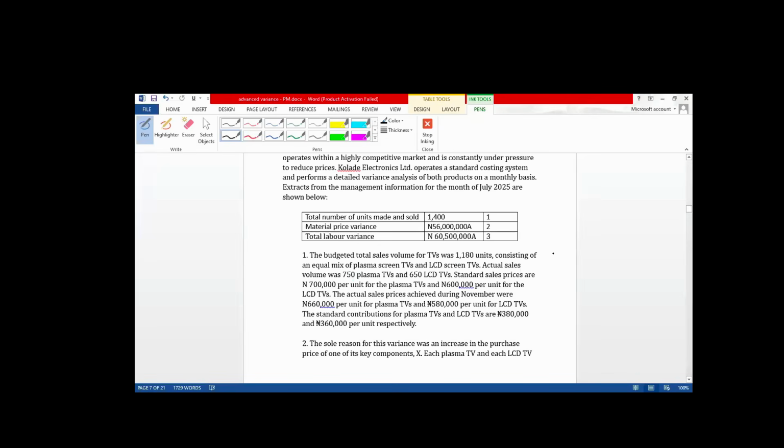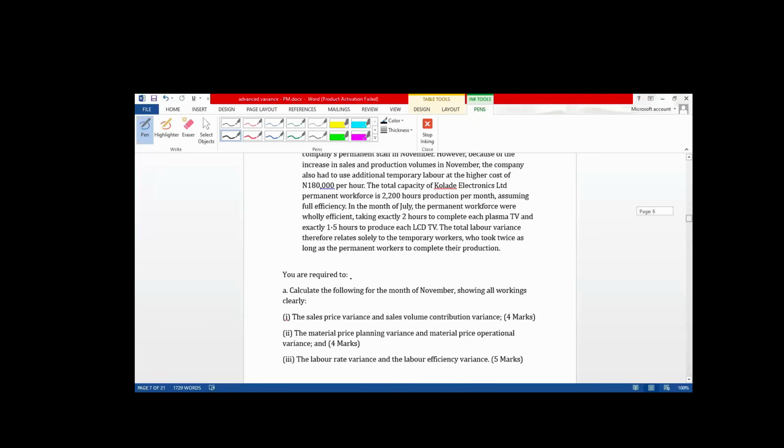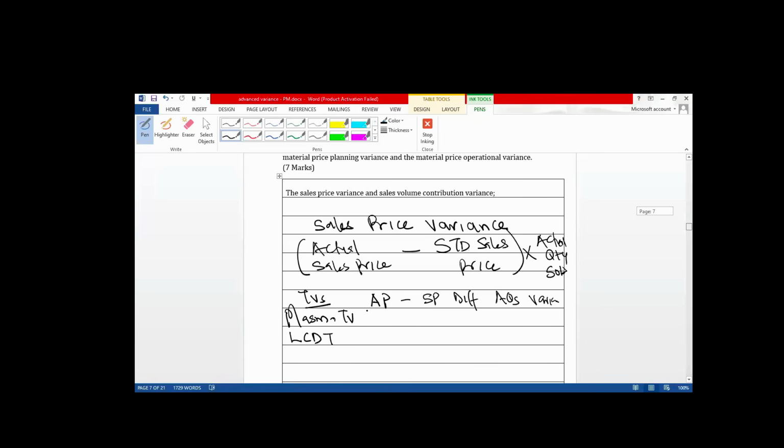Actual selling price 660,000, 580,000. Standard selling price 700,000, 600,000. Please get differences in price.